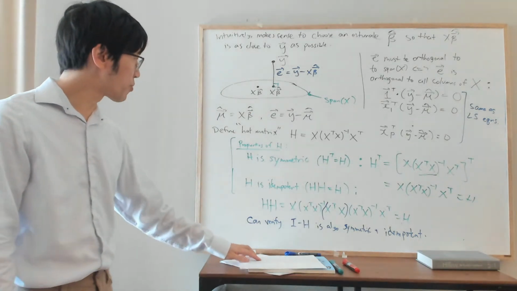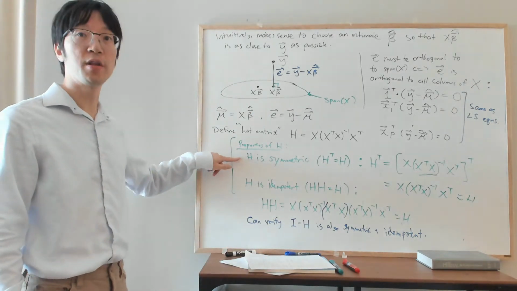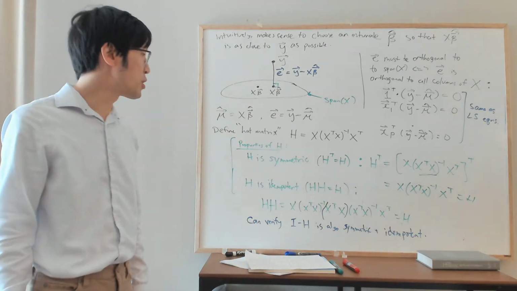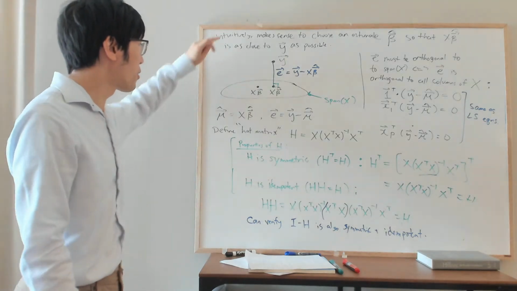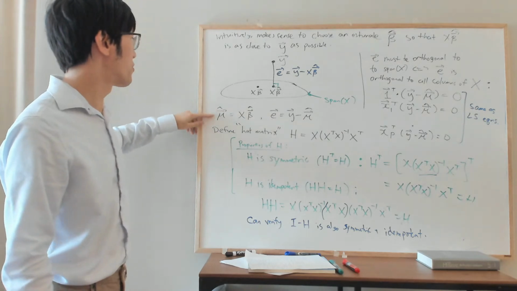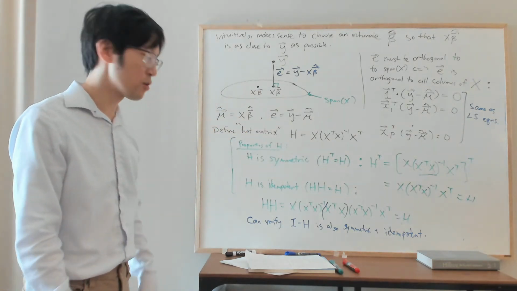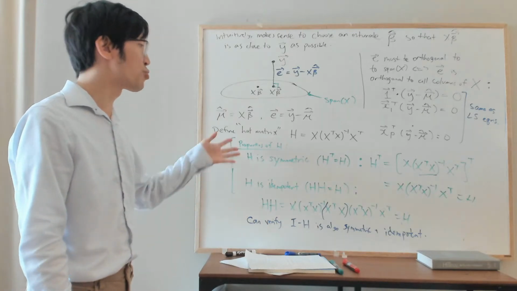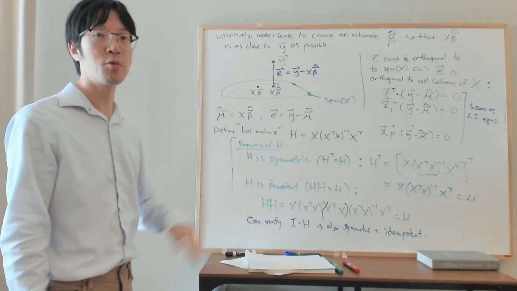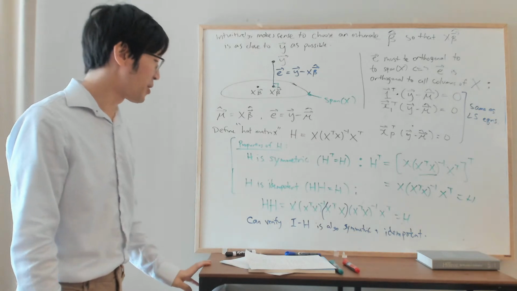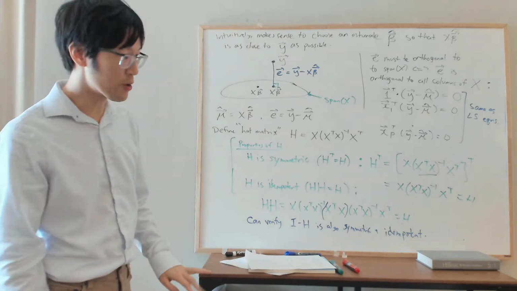The reason for defining this H matrix is that we can now write both the fitted values and the residuals quite neatly in terms of H, and these properties will help us as we derive the corresponding estimators.